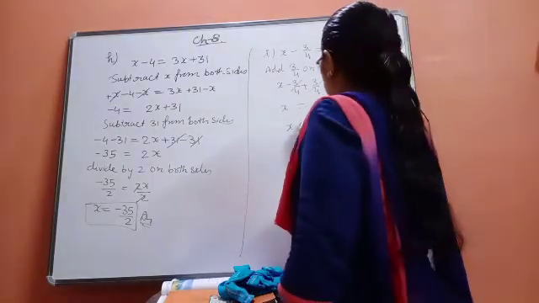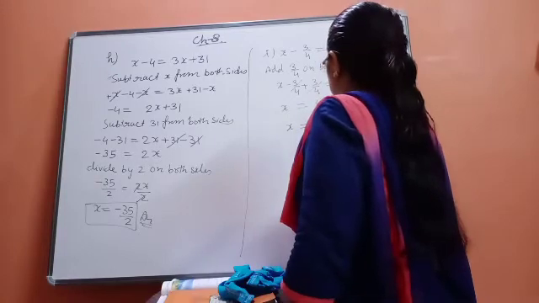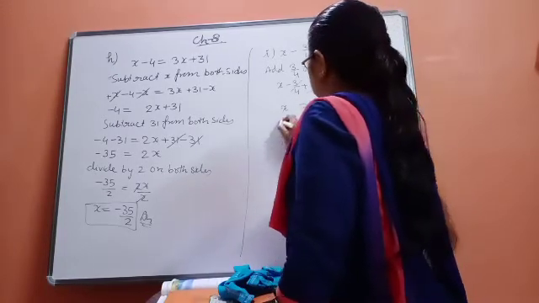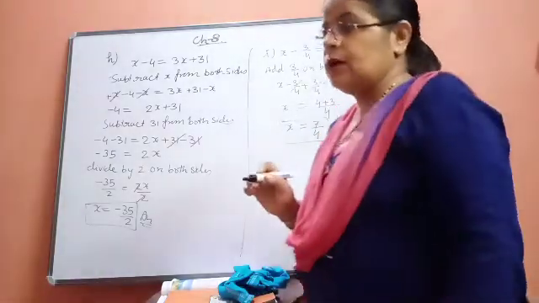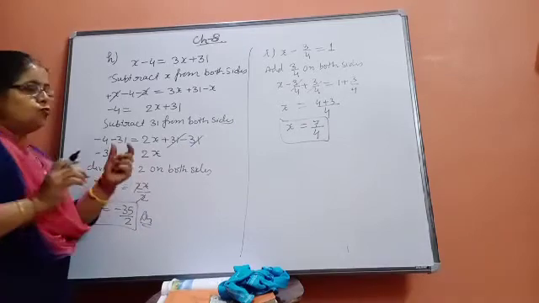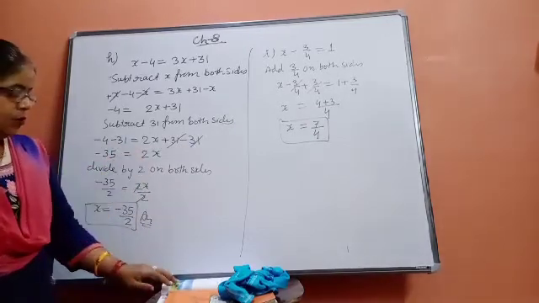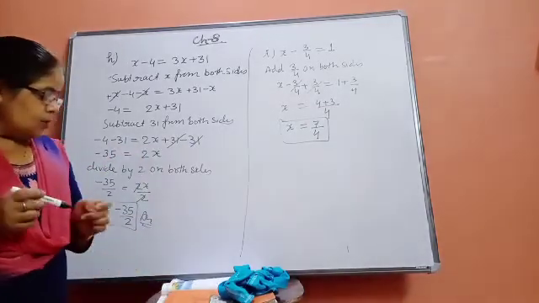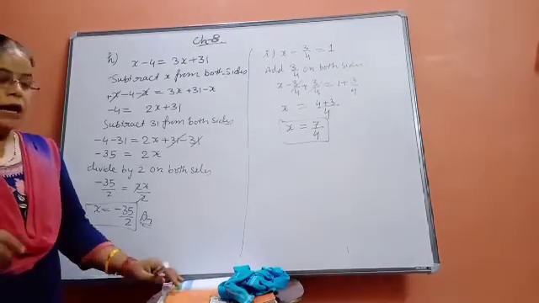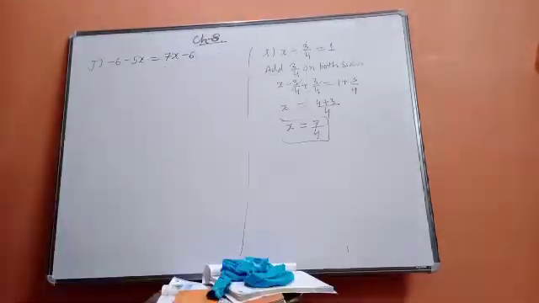So x is equal to, beta, 3 plus 4, 7 upon 4, and this will be your answer. See how simply you can do them, but only one thing is there, that you should move step by step, then only you can understand the problem. Now come to the J part, that is the last part of the question.